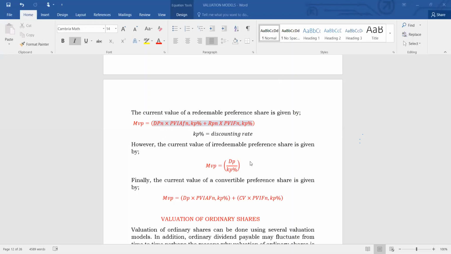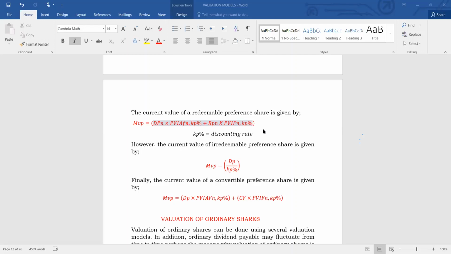You see, DP times 1/KP. For debentures, we were saying interest over KD. So for preference shares we say DP over KP. It's the same thing. You simply discount the preference dividend, which is fixed, divided by the discounting rate.